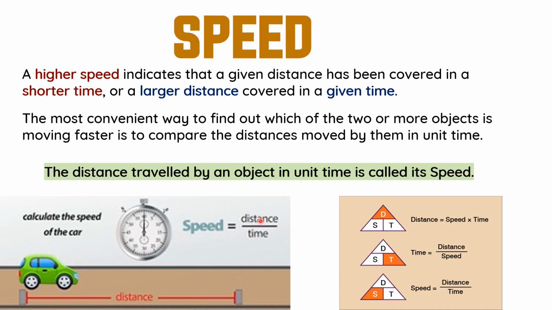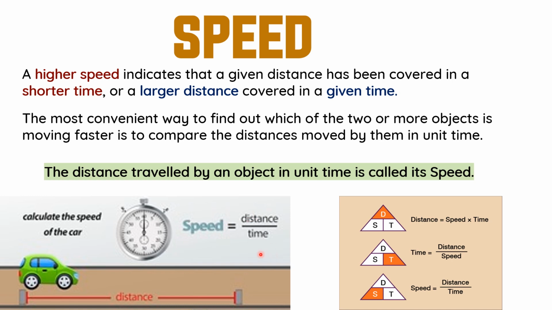This is very important, the definition of speed and the formula. Speed is the distance traveled by an object in unit time. Speed equals distance upon time. That is why I am telling you, for speed think about two terms, distance and time.